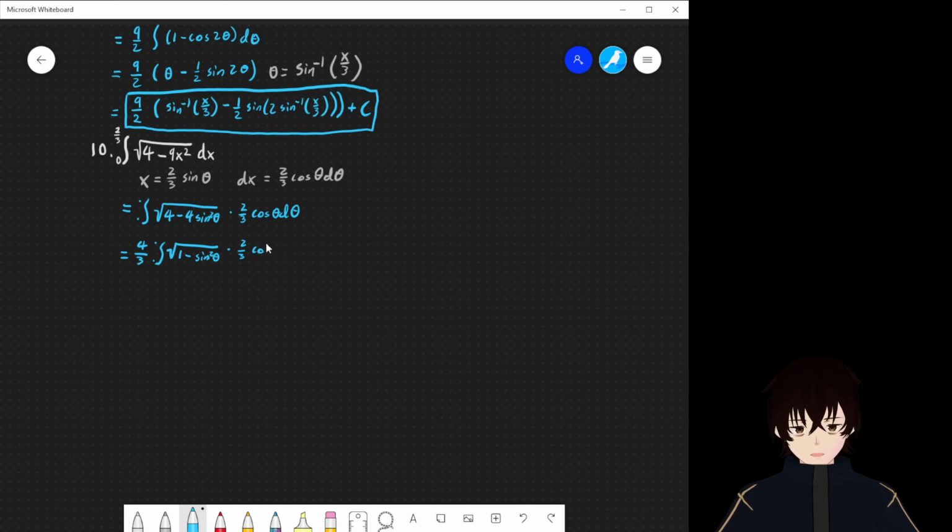I already took out the 2 over 3. I can probably skip a step here, because this is cosine theta, this is cosine theta, so this is the integral of cosine squared theta d theta.